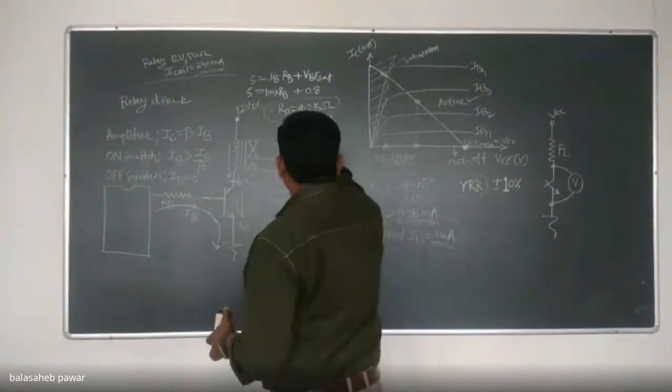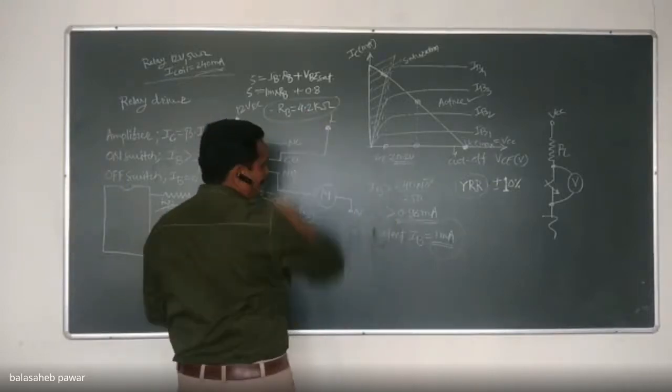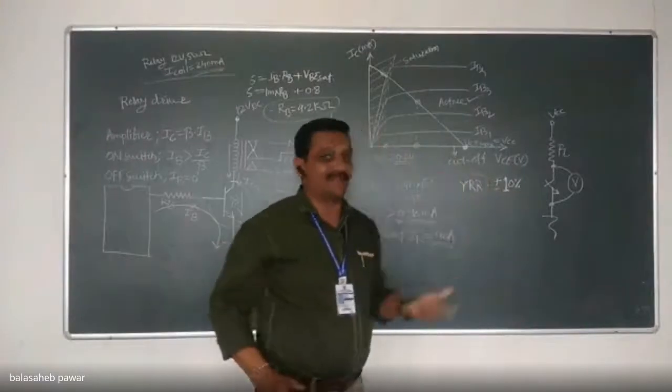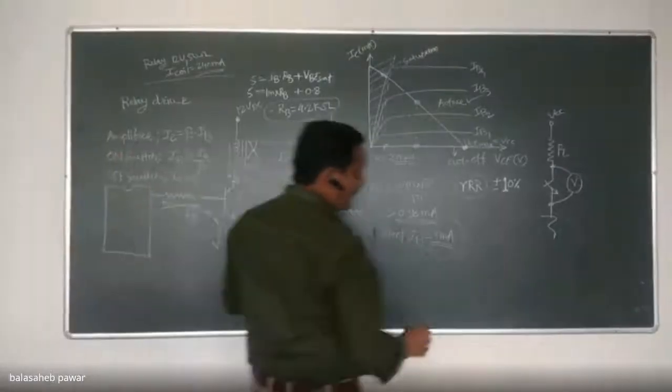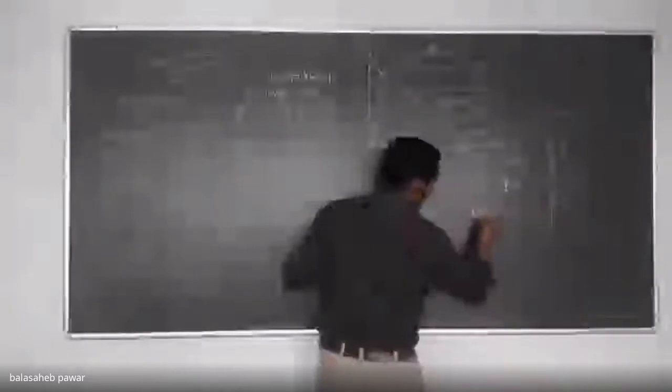Instead of 4.2, it will be somewhat more than 4.2K, because we are considering that the tolerance is, suppose, plus 10%. Purposely I have taken it as plus 10%. It will be 4.62K.